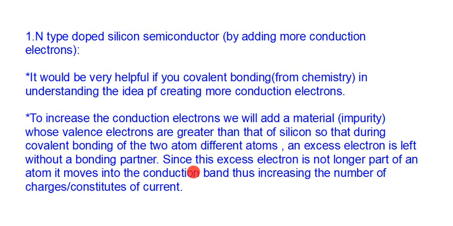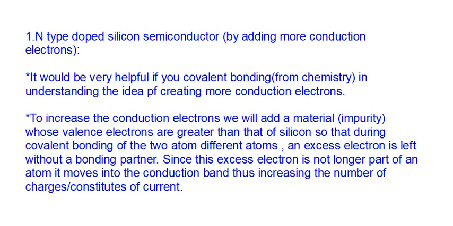The movement of it into the conduction band increases the number of electrons in the conduction band, which also increases the conductivity of the silicon. Do you get it, guys? I hope you do. This, remember, is for an N-type doped silicon.